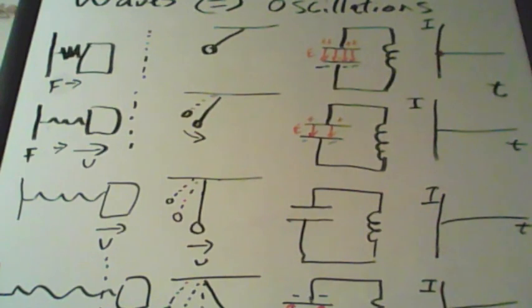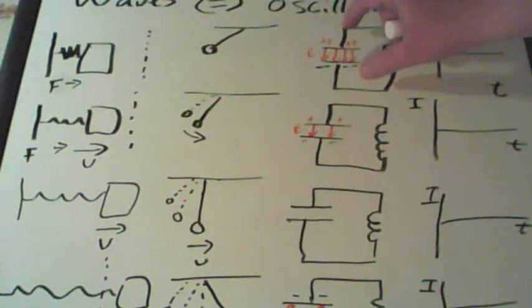For an LC circuit, this is an electromagnetic oscillator. Quite simply, we have a capacitor and an inductor. Two plates with charges, and you connect them by a coil of wire. Essentially you're making a short circuit between the plates.